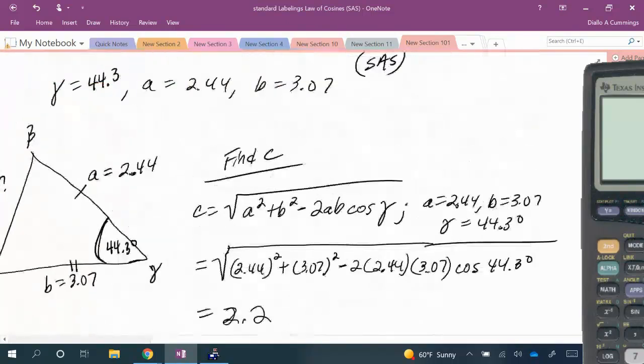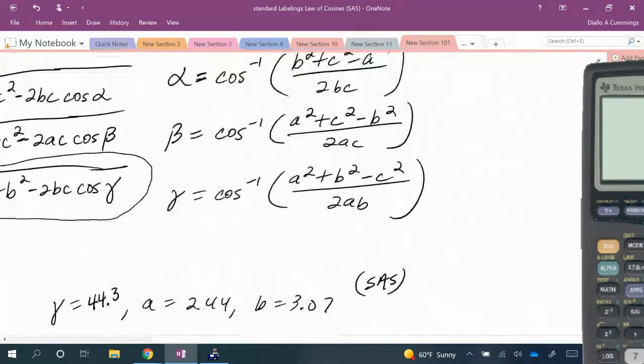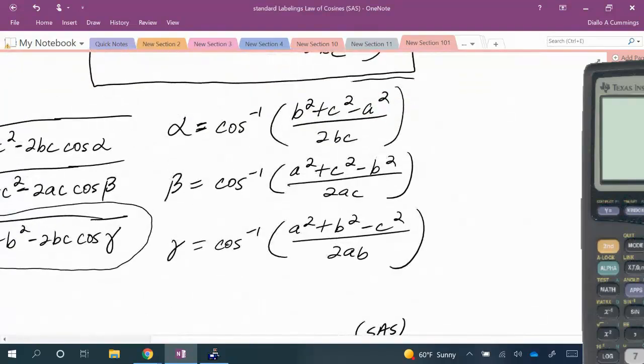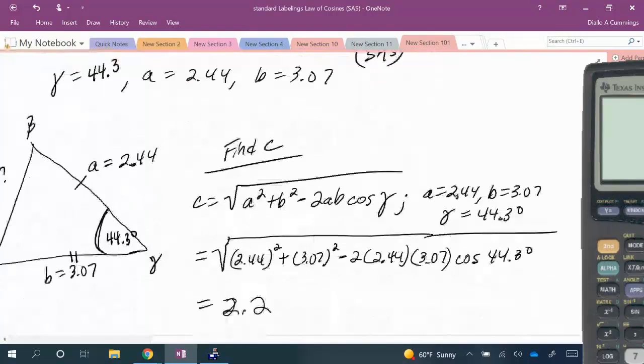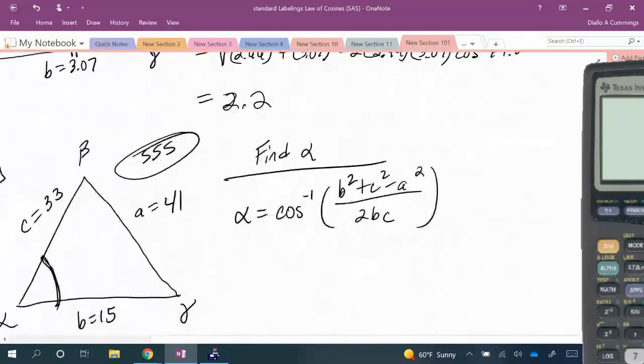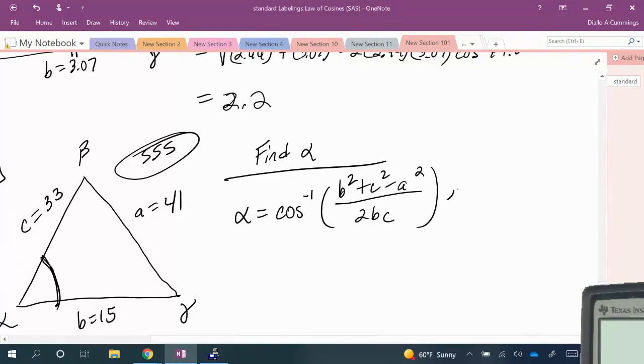All right, so going back to our formulas, we would use this formula. Since we're asked to find angle alpha, and we're given three side lengths, we're just going to substitute. We're going to substitute A for 41, B for 15, and C for 33.